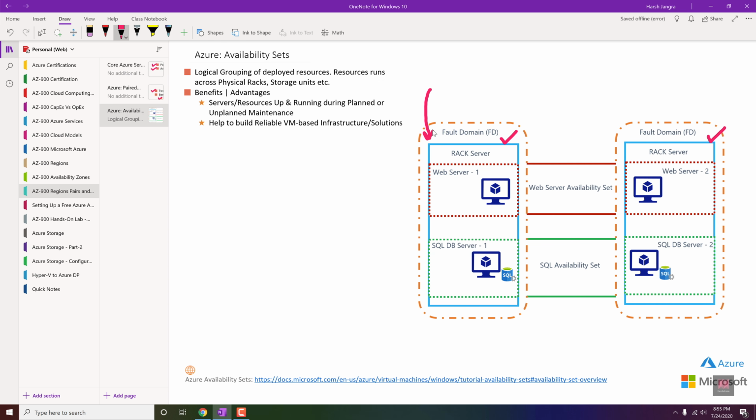Please help me create it. The orchestrator reached out to the service of the data center and asked this particular rack server, hey, do you have space, storage, and all the resources to deploy this VM? So this rack server one said, yes, don't worry, I have all the resources. Please go ahead and create the VM. So it starts your VM here, and this is web server 1 up and running. Similarly, you have also created a SQL server, which is also up and running with no issues.